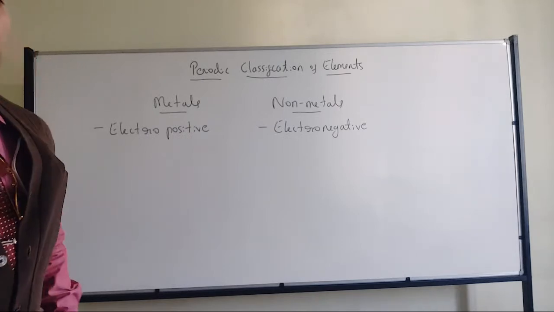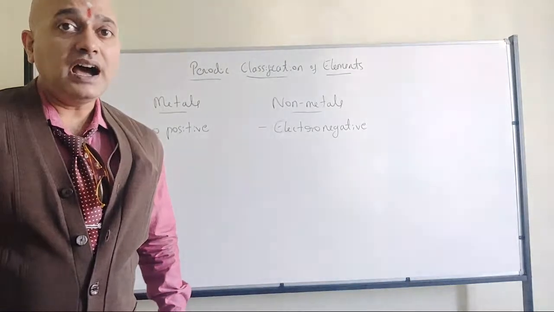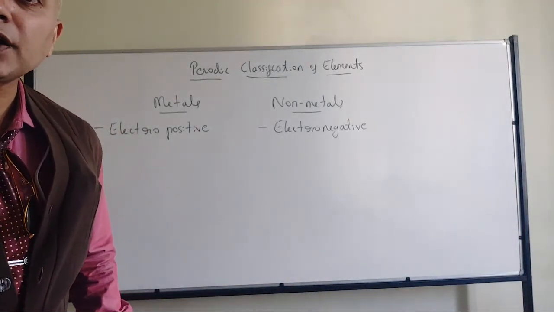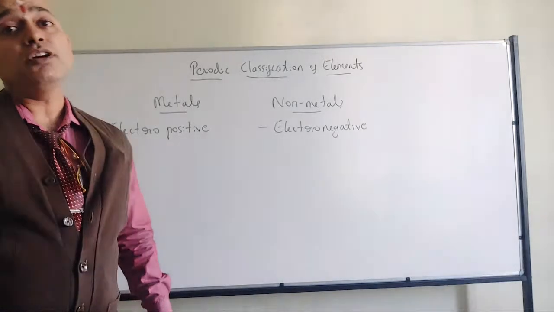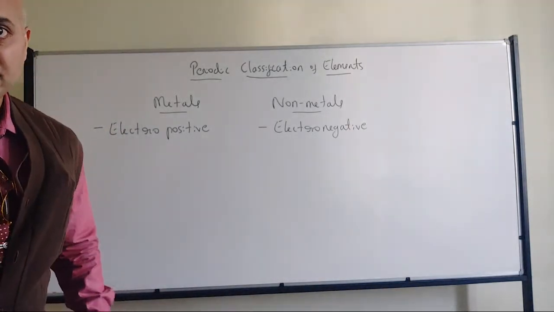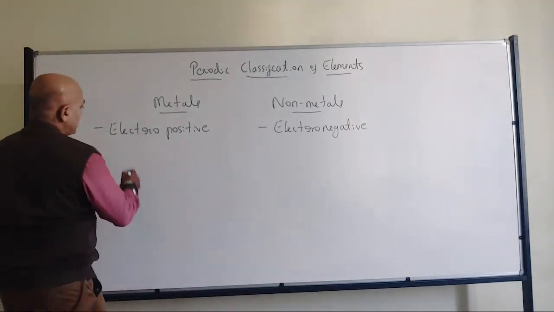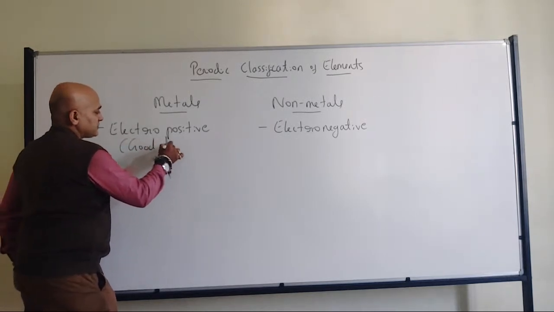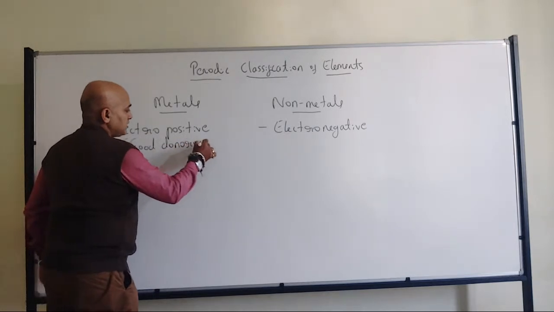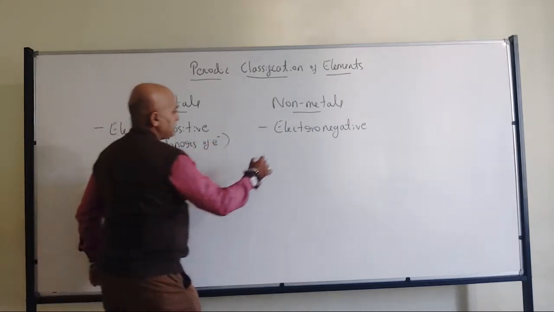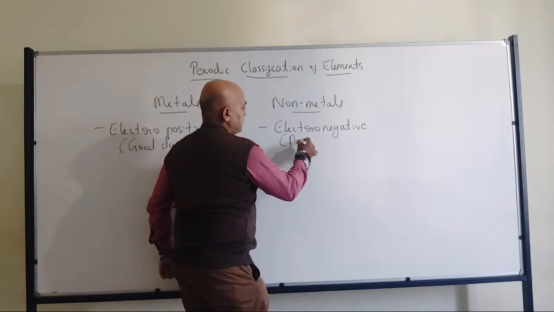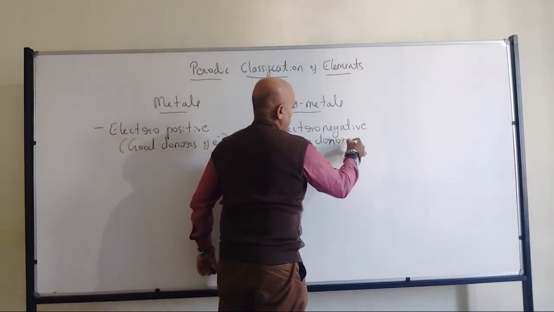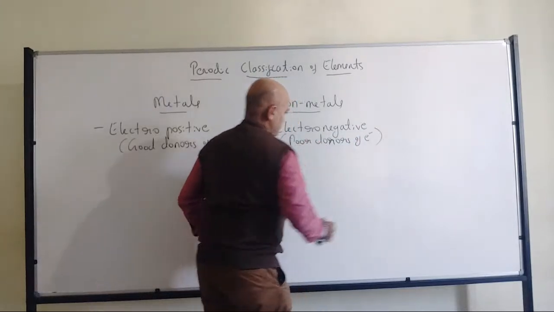Now when I am talking about non-metals, they are electronegative. That means they are going to take up the electron easily compared to donating the electrons. In short form, metals are good donors of electrons, and non-metals are poor donors of electrons.